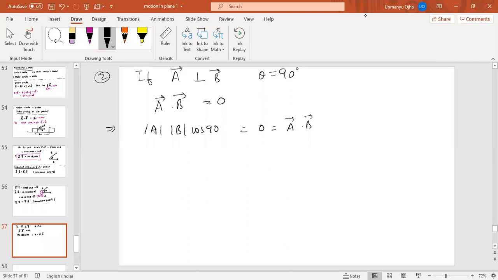So if A and B are perpendicular to each other, then the A dot B value will be equal to 0. Okay, because A dot B equal to mod A mod B cos 90, and cos 90 is 0, therefore A dot B is equal to 0. Okay, fine. I hope you got this. Yes or no?